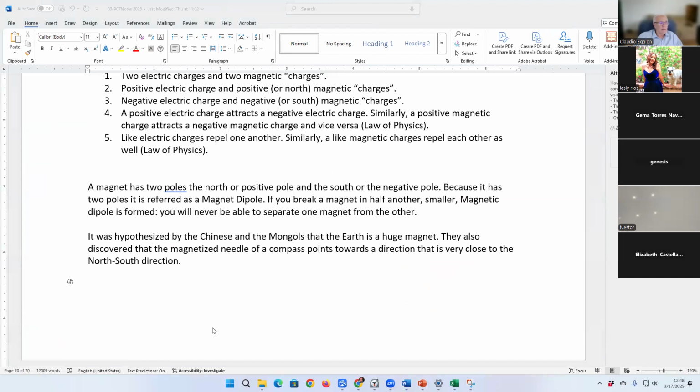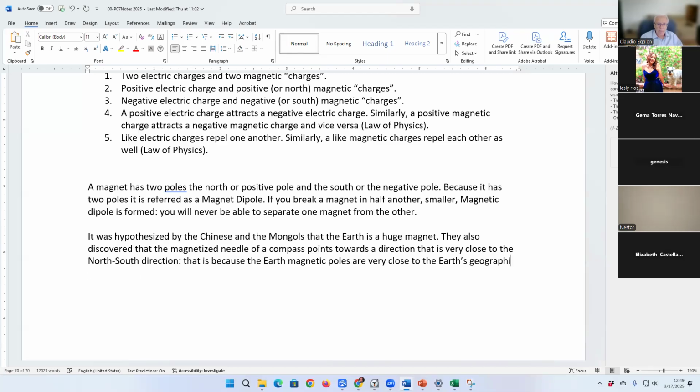They also discovered the magnetized needle. Okay, that's because today, that is because the Earth's magnetic poles are very close to the Earth's geographic poles.